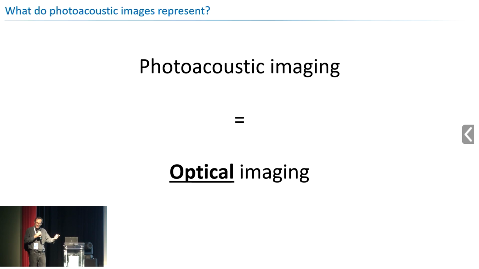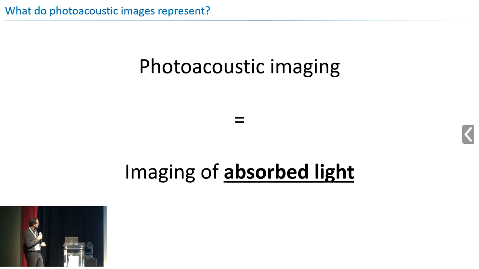We are detecting acoustic waves, but we're getting optical images in the end, which is why I'm at this meeting rather than some acoustic meetings. By the way, you can find photoacoustic imaging in both acoustic meetings and optical meetings. Because we're detecting acoustic waves, there is a lot of acoustic detection methodology, but this is done in the end to get an optical image, which is why it was first brought mostly into the optical community as a useful tool.